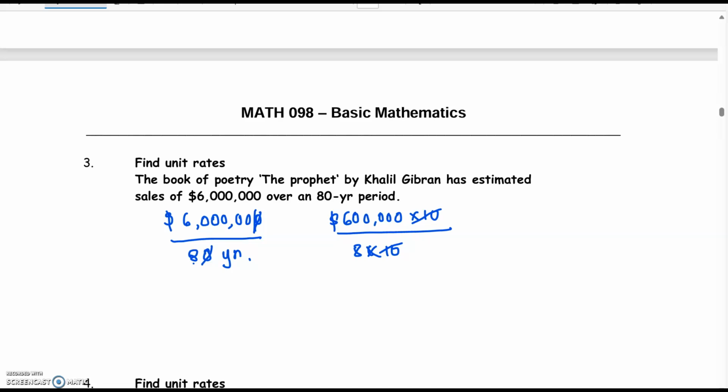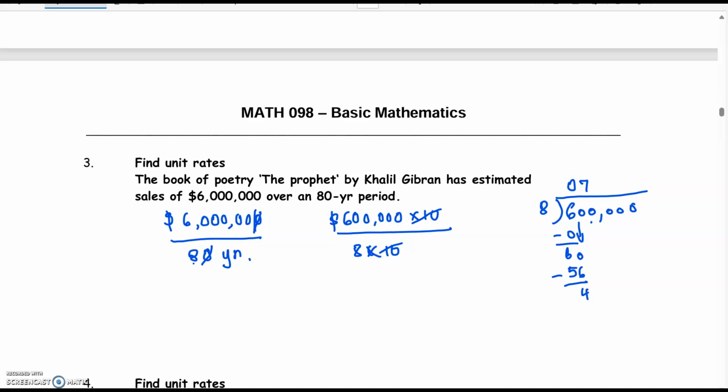So now let's see if we can divide 600,000 by 8. 8 goes 0 times into 6. Bring the 0 down. 8 times 7 is 56.